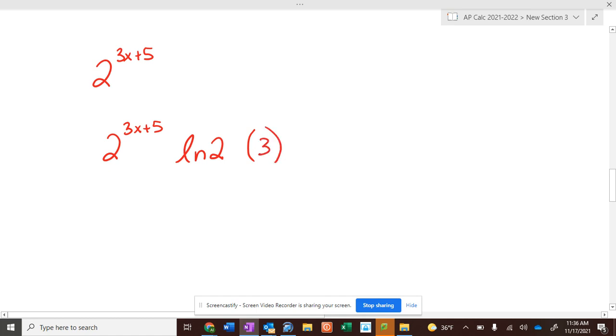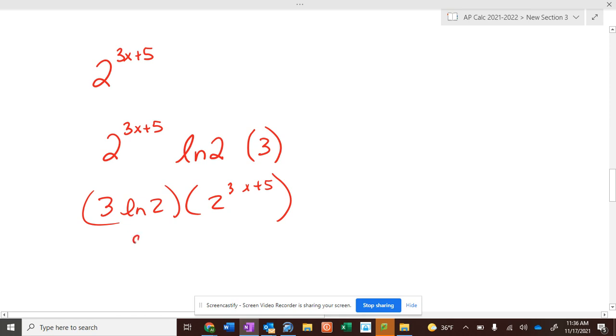So what I'm going to do is change the order. I'm going to go 3 ln of 2 times 2 to the 3x plus 5 power.